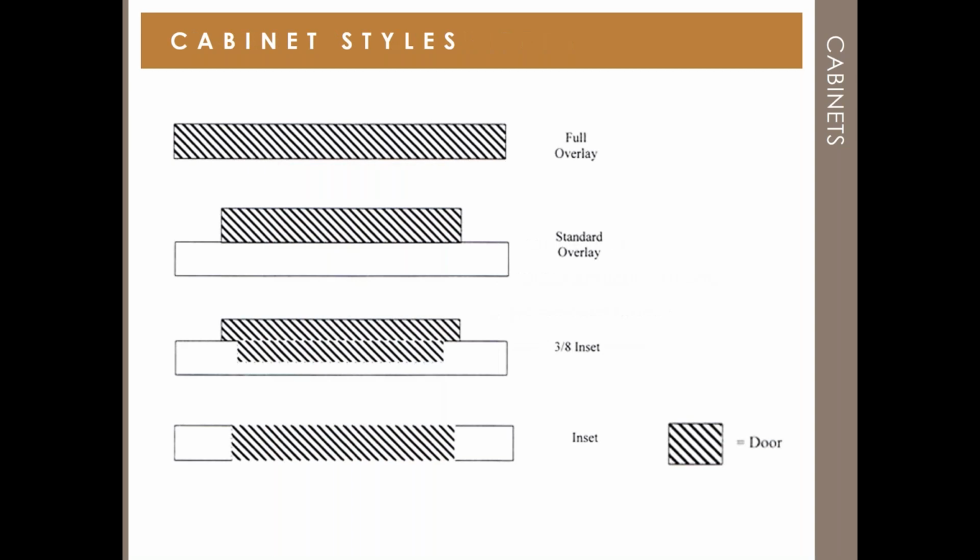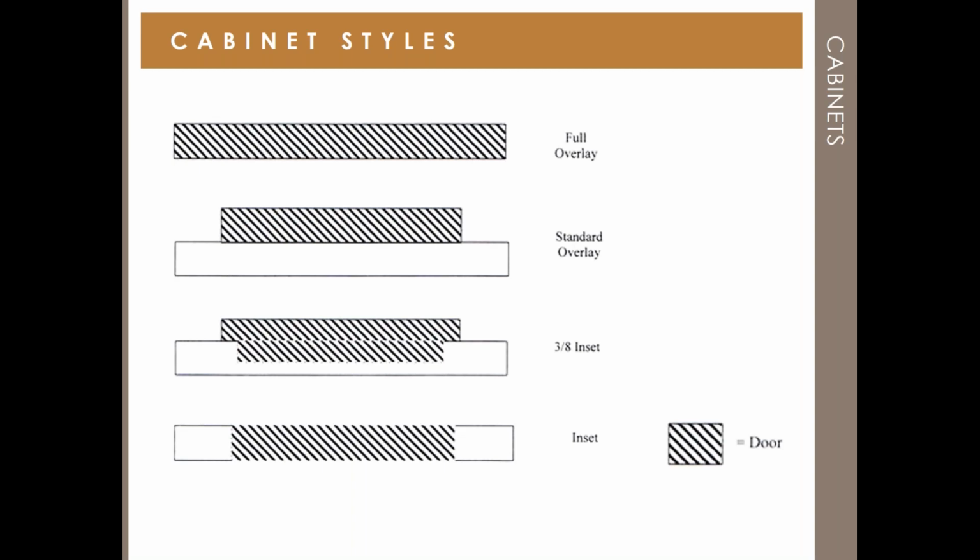That top should say frameless, but the slash lines mean it's the door. These are the different types of construction of doors, how they apply to the box. So when you have a frameless in the top, there's no frame, so it's all the slash lines, all the door.